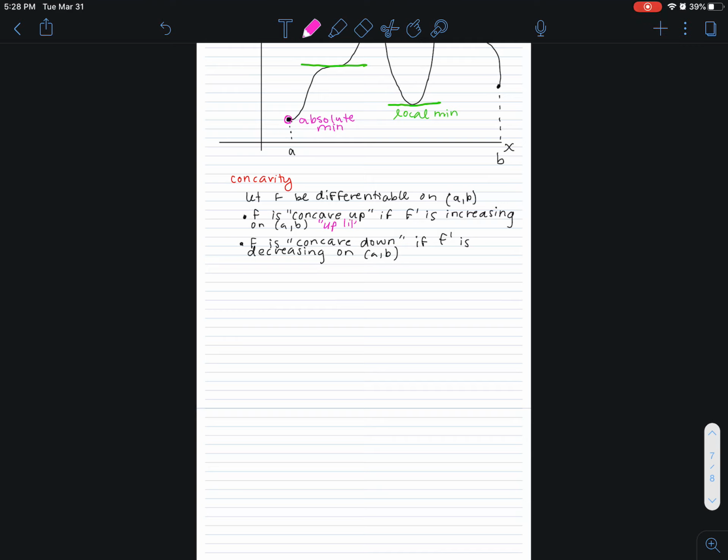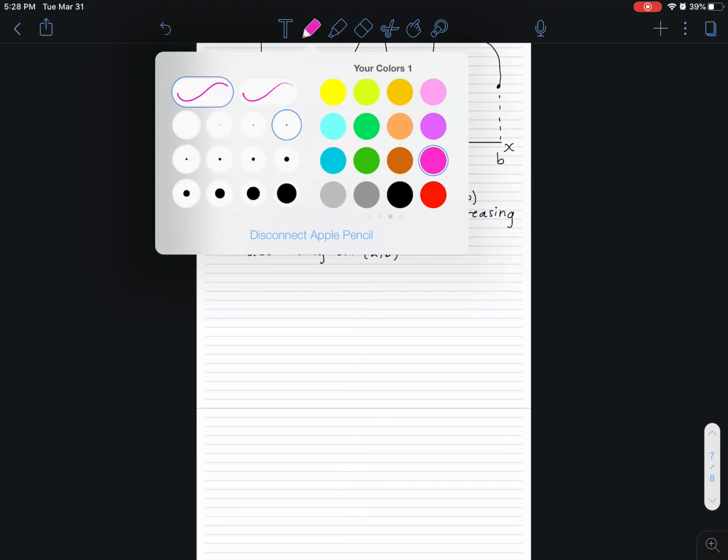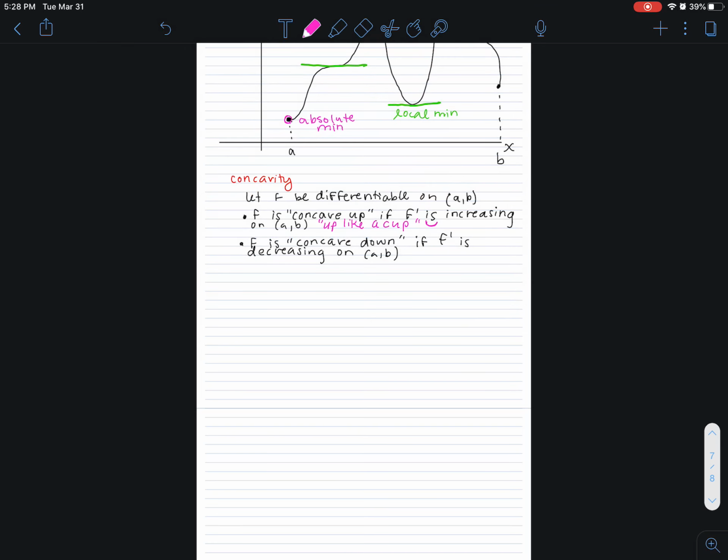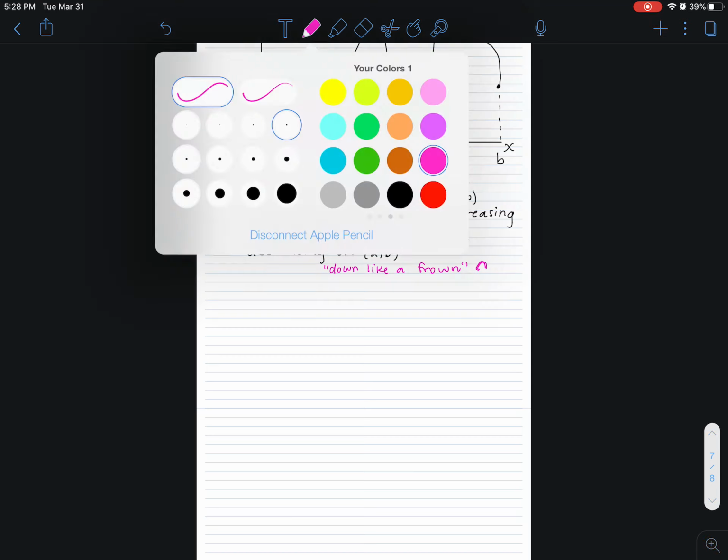She said up like a cup. So if your function looks like that, it's concave up, and down like a frown. Which seems kind of cheesy, but it actually is pretty helpful if you don't want to have to think extensively about what f prime of x is doing.